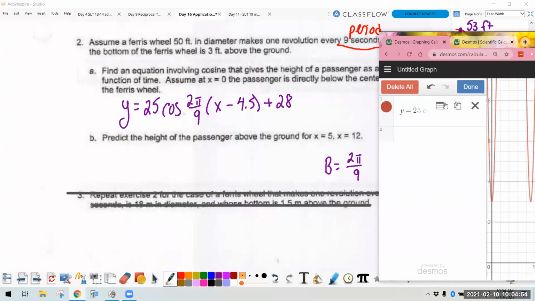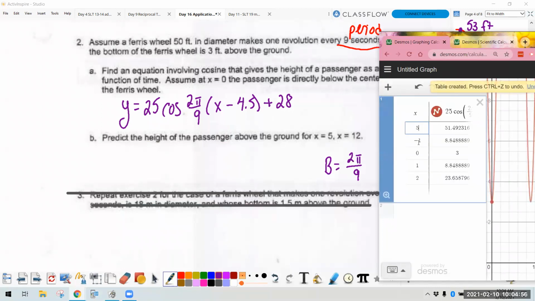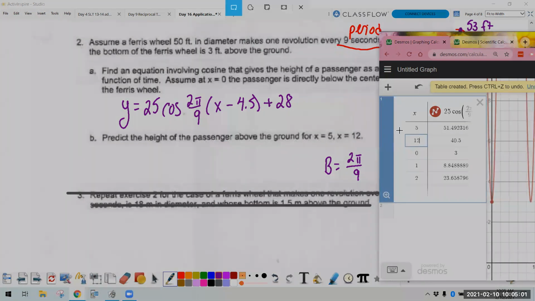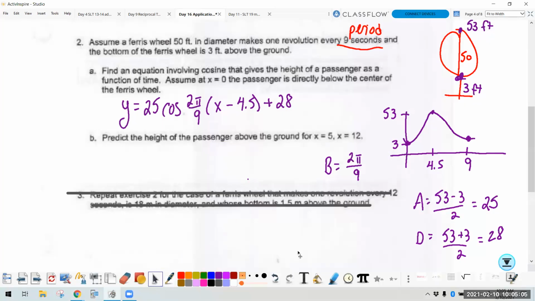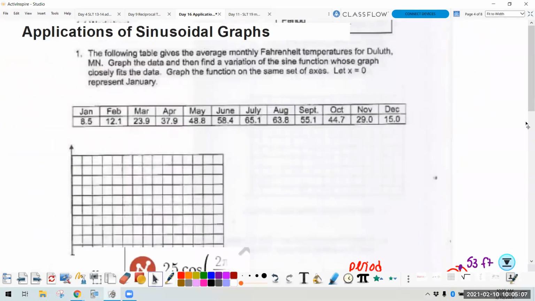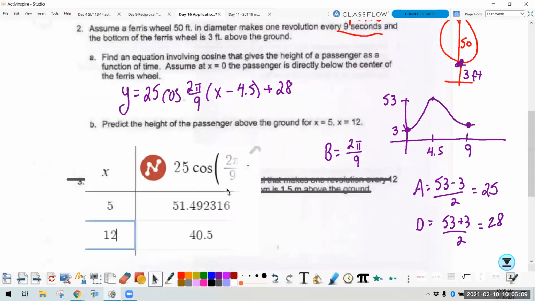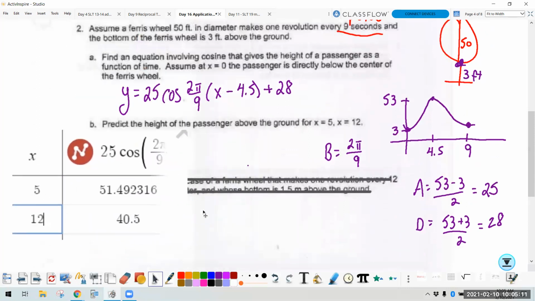Hit the gear, go to table, and we want 5 and 12. Oops.